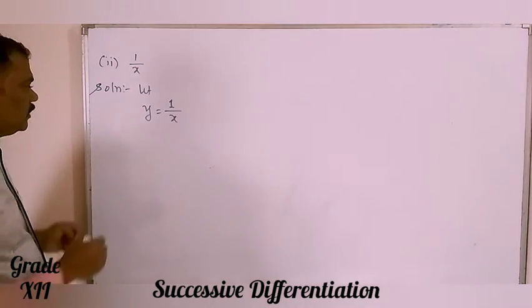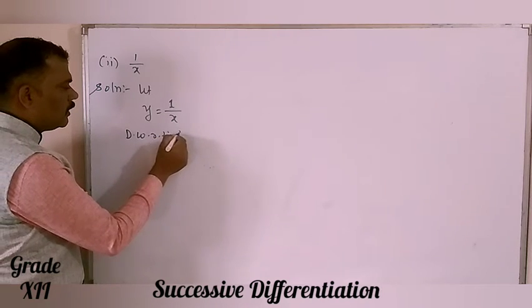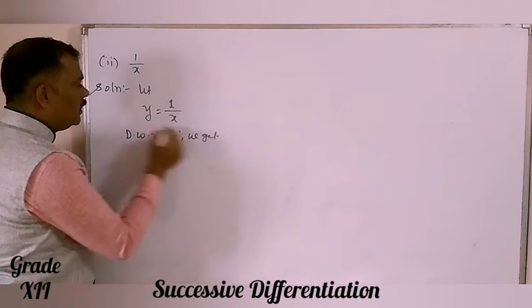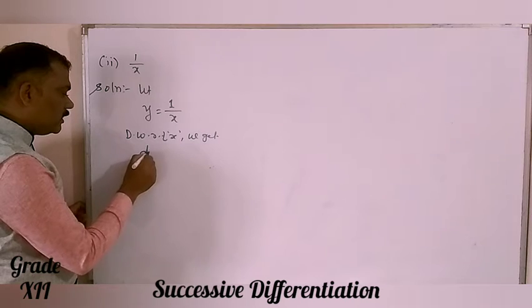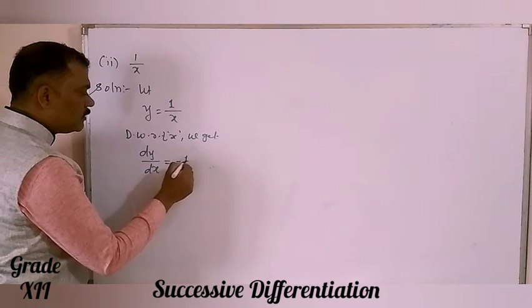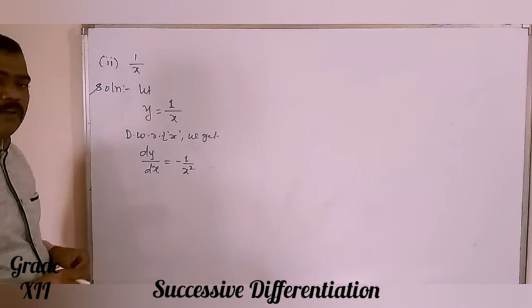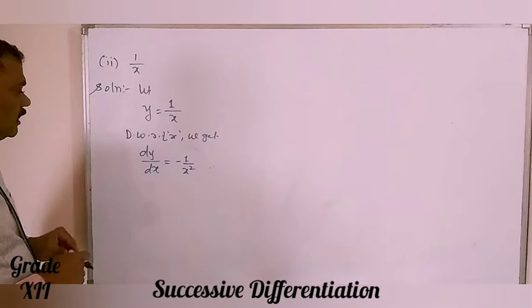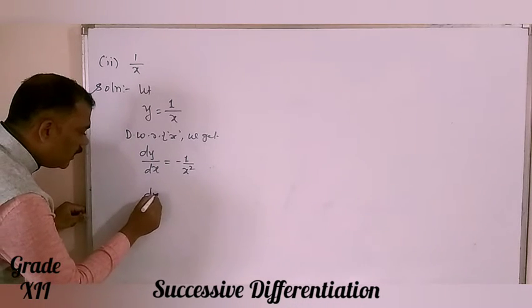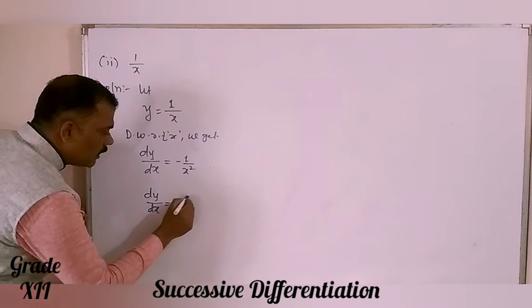First we differentiate with respect to x. The differentiation of y with respect to x, dy by dx, is minus 1 upon x square. We have to know the standard formula for the derivative of 1 upon x. This can be written as dy by dx is equal to minus x raised to minus 2.